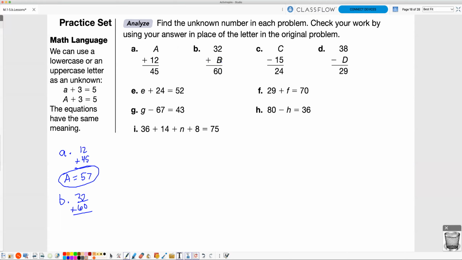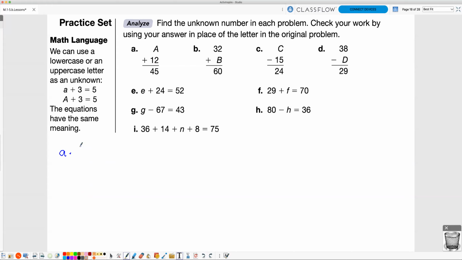I just need to find that these two values that I already know, the 32 and the 60, when I add those together, it will determine excuse me, sorry. Let me walk this back. I gotta go backwards. I don't know what I was thinking. Thanks for pointing that out.